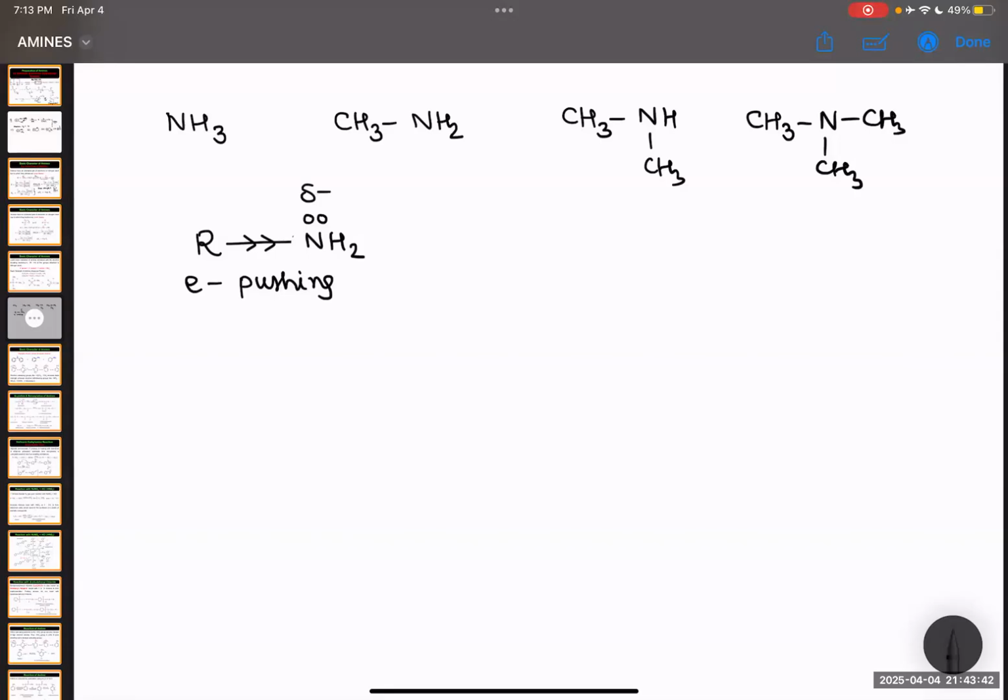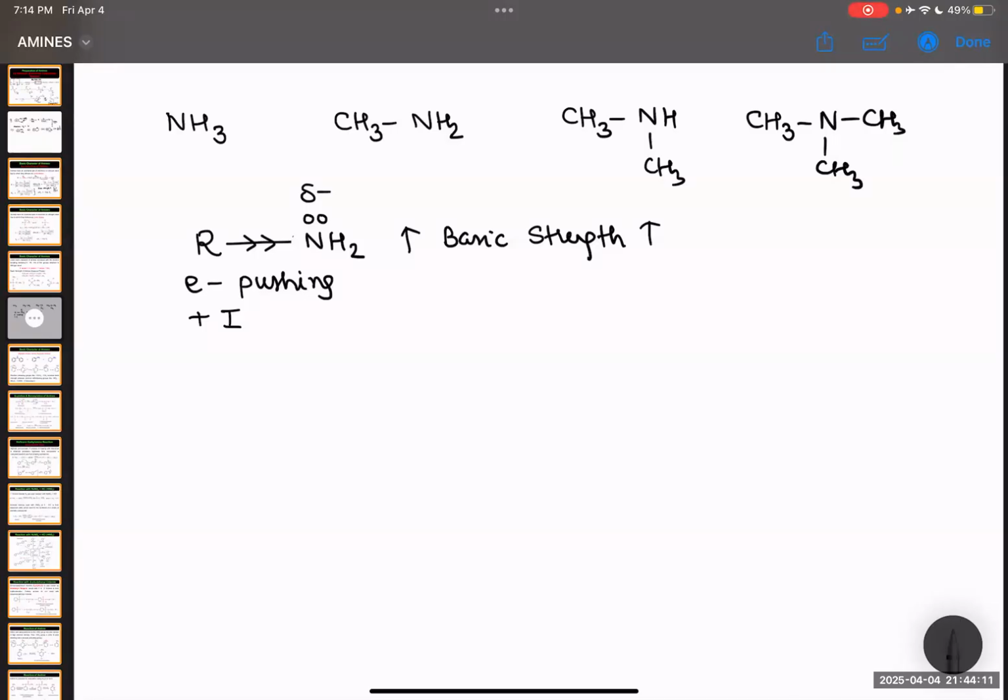It could be pushing by its plus I effect or resonance effect. So basic strength is going to increase. Basic strength will increase with the increase in electron donating power of the alkyl. Got it?